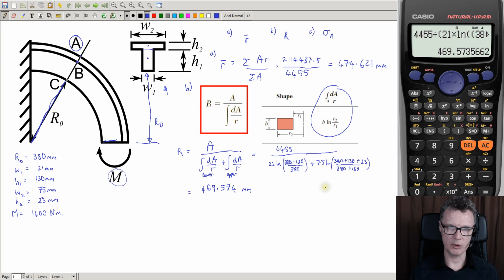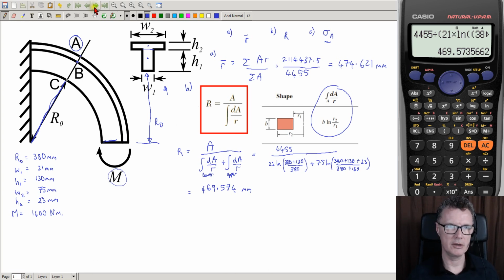It's looking reasonable. The neutral axis is a little further away than where the centroid is, which I think is what we should expect. Now let's find this stress term. So how do we do that? So looking at the lecture notes, this is what you got.